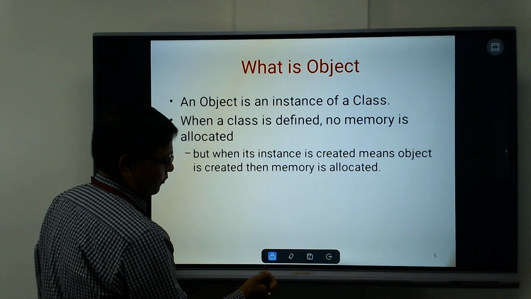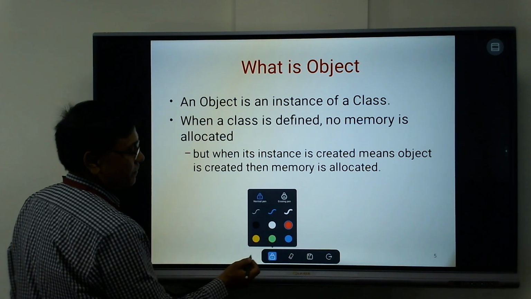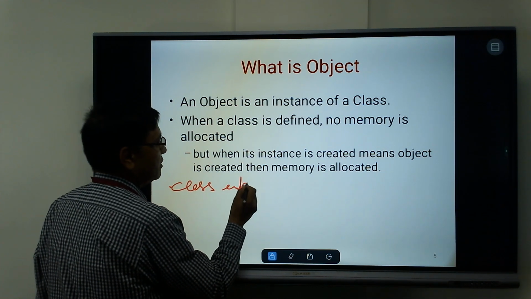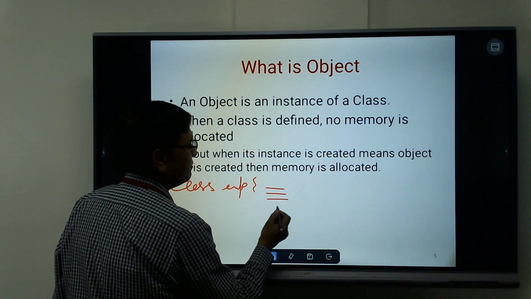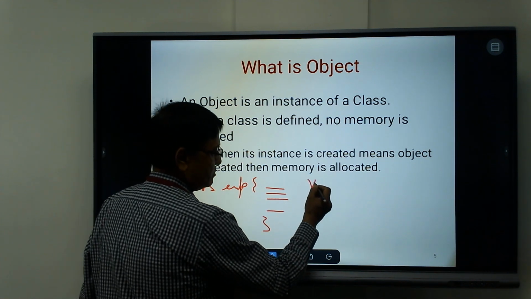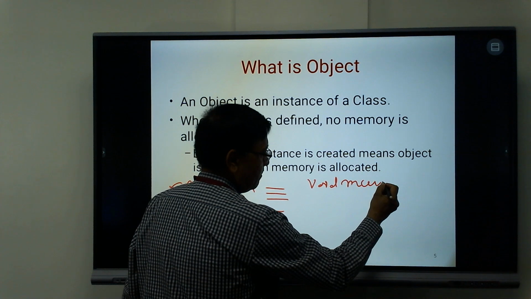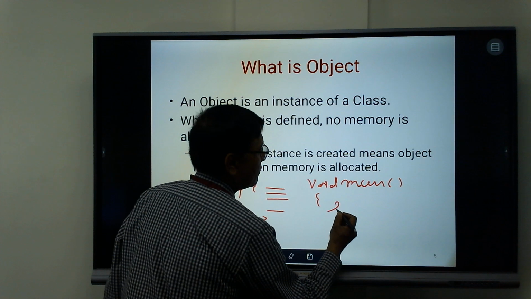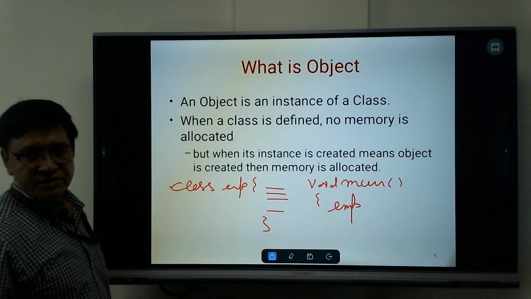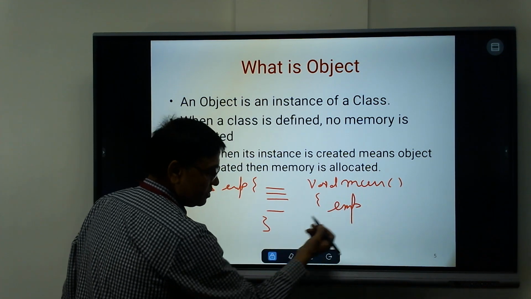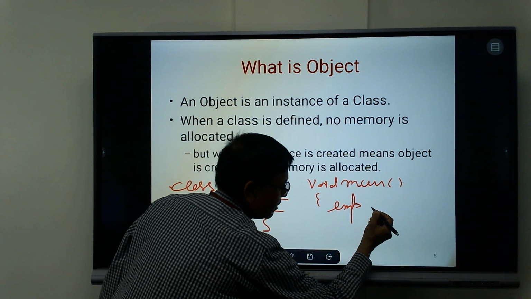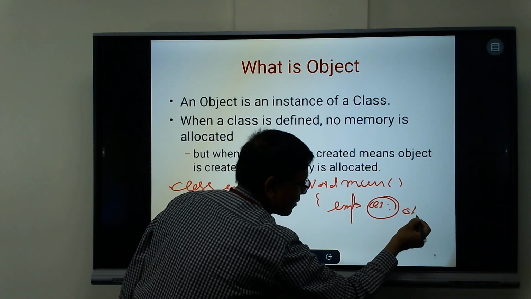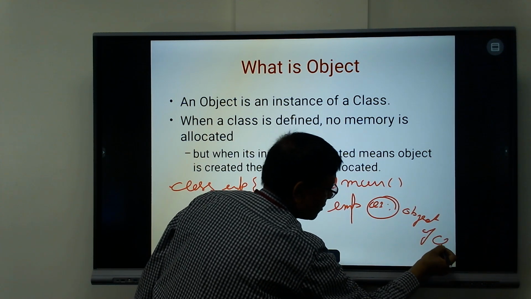Now you have created the class EMP. This consists of data variables and the functions. Now this is void main, and you are writing here that your class name is EMP. EMP we are referring to as the user-defined data type. So E1 is the object of the class.